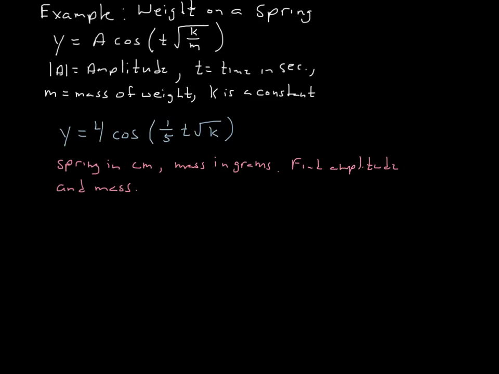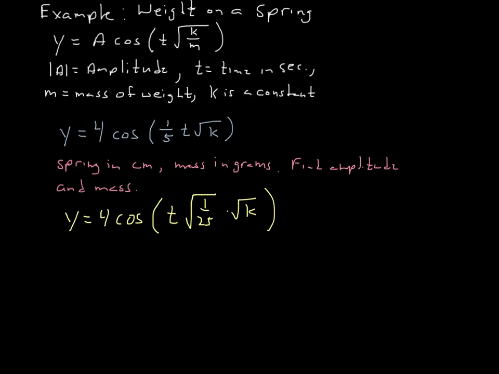So what we have there, I have y equals 4 times the cosine of, I'm going to take the t here, and now I'm going to need to rewrite this so that 1/5 can go back inside the square root. And what you have to keep in mind, that 1/5 on the outside would be equal to the square root of 1 over 25 times the square root of k.